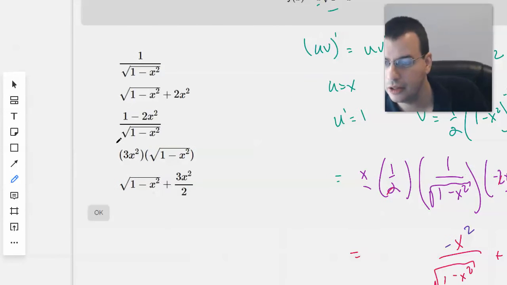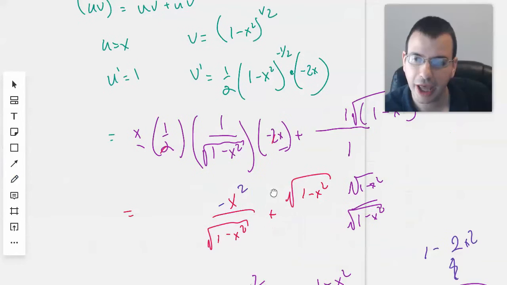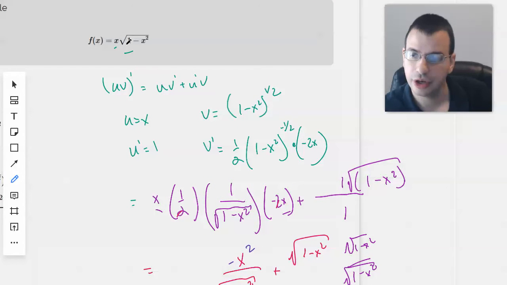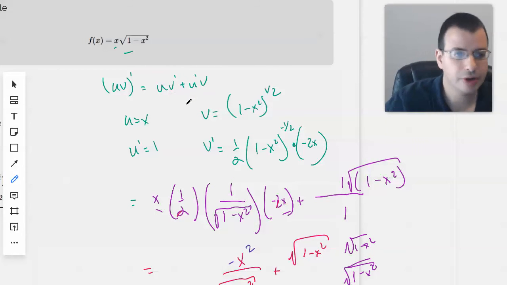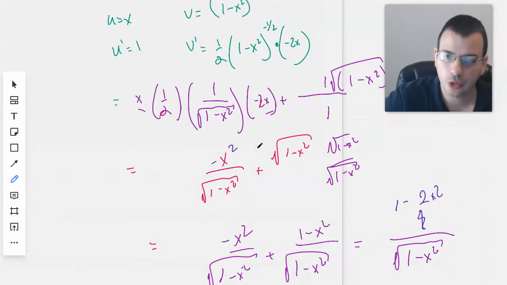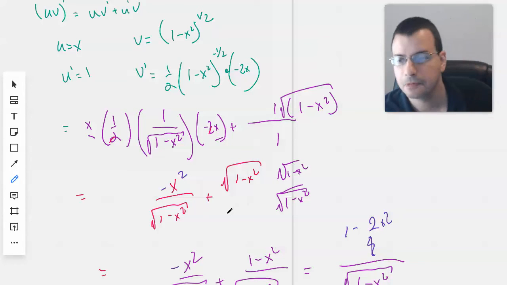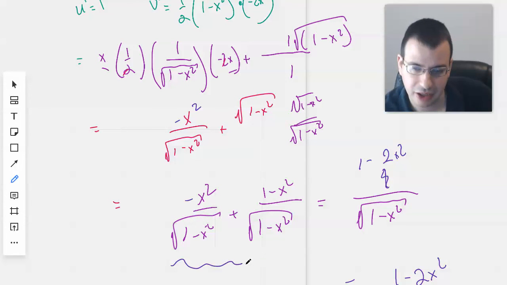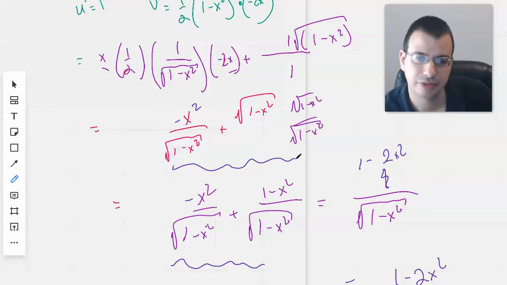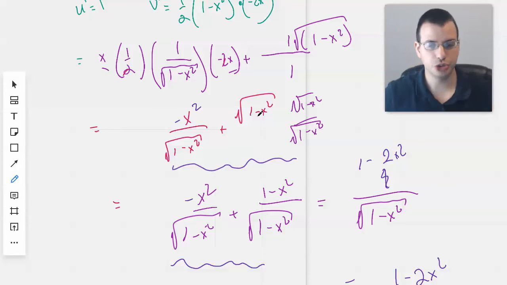So it's this one. All right, so let's check this back real quick. So we had the product rule: x on one side, the square root of 1 minus x squared on the other. We use uv prime plus u prime v. We write everything out. We try to minimize our mistakes. And so then we get something like this, and we're adding two different fractions.